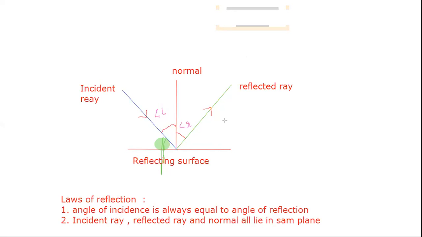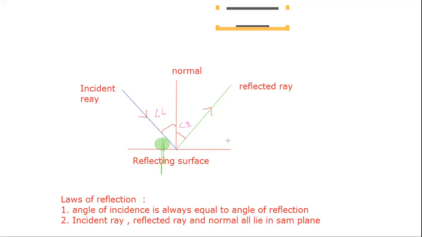In the same way, the angle can be given on this side, and you can use the same method. And if the total angle is given, okay, the angle between the incident ray and the reflected ray is 80 degrees. What is the angle of incidence? Listen again. If the angle between the incident ray and the reflected ray is 80 degrees, what is the angle of incidence?